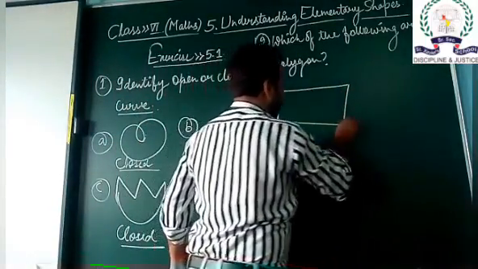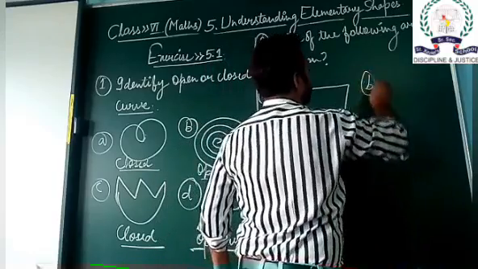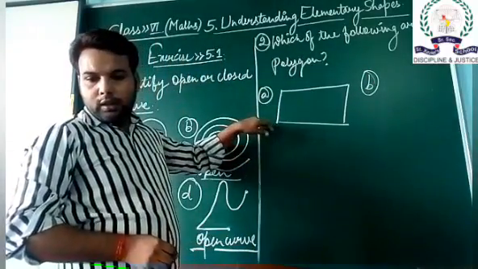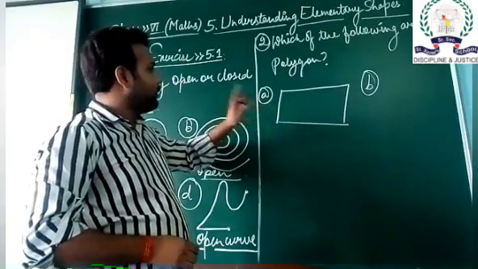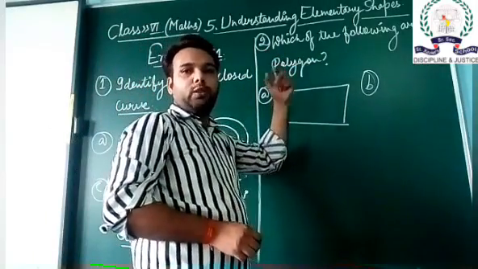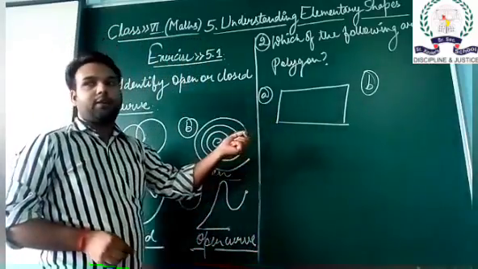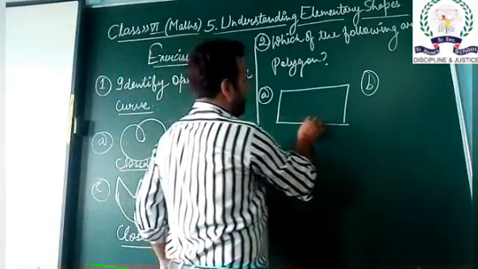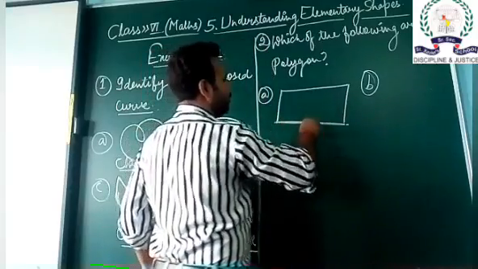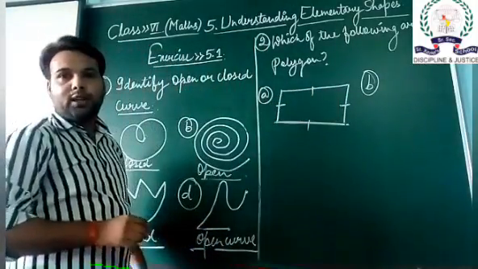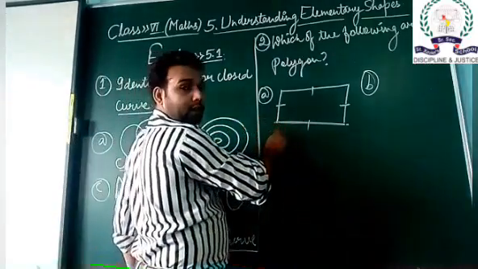Again 4 diagrams are given. In the first place, which type of diagram is that? A polygon means a closed figure which is bounded by a minimum of 3 line segments. Look at that, how many line segments are there? 1, 2, 3, 4. 4 line segments are there, it means it is a quadrilateral.